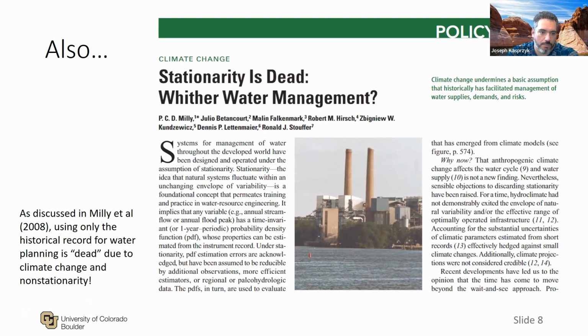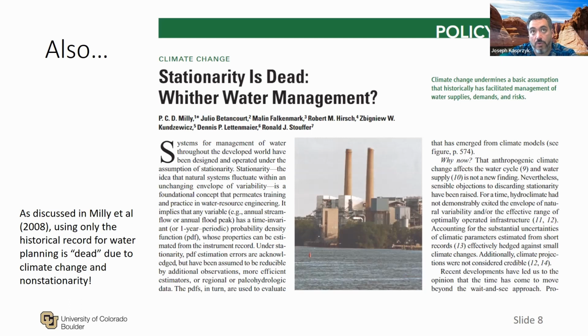Even in this little blurb here, it says that systems have been designed under stationarity, the idea that natural systems fluctuate within an unchanging envelope of variability, and that has been called into question based on things like climate change. So I think you could say that the analysis we're about to do is one marker of how well the reservoir will perform, but it's likely that the performance in the real world could be even worse than what we're going to say, and it's certainly going to be different.